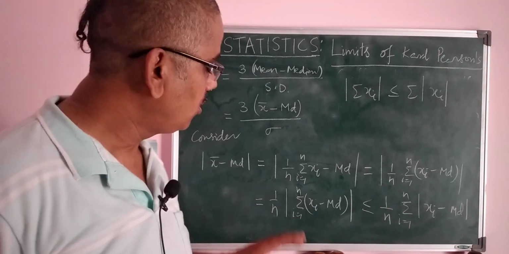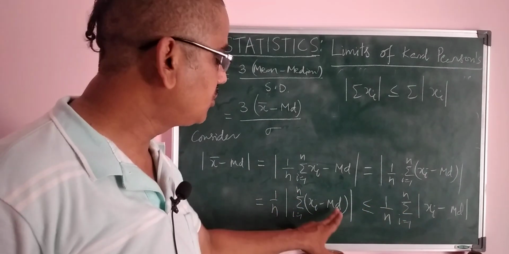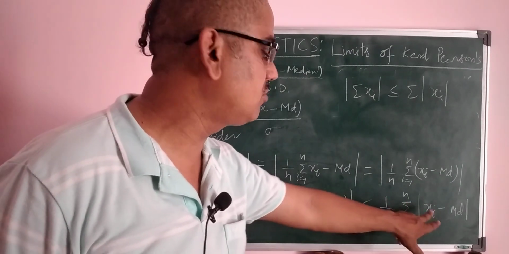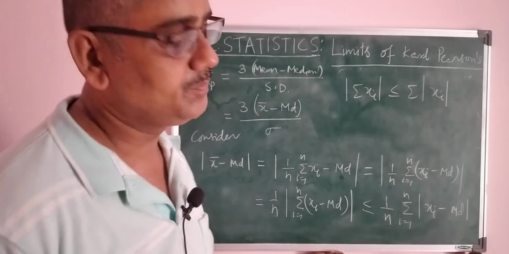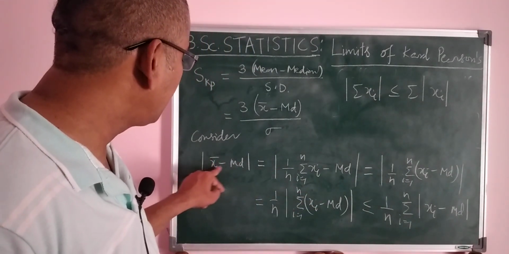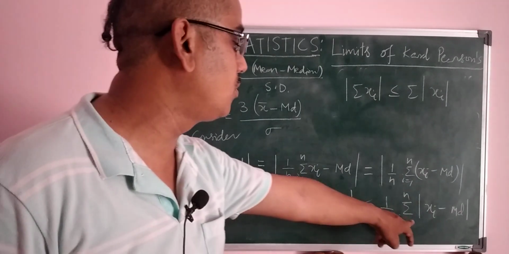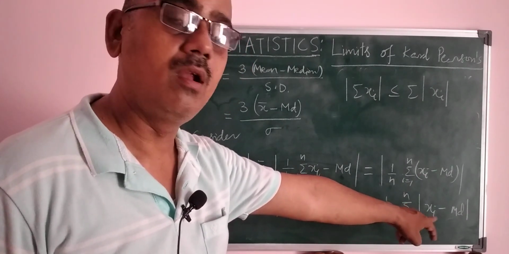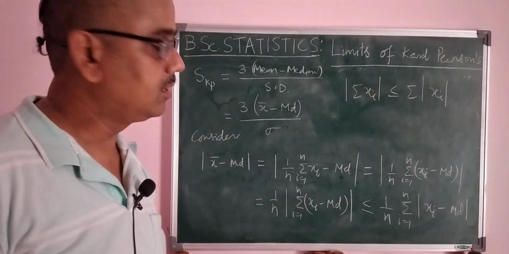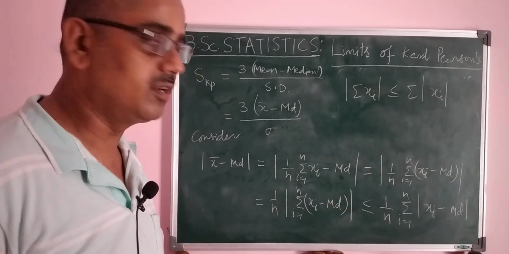It is very clear. So what is modulus of x bar minus median? It is less than or equal to 1 by n summation i is equal to 1 to n modulus of xi minus median. This is what at the end we have specified.